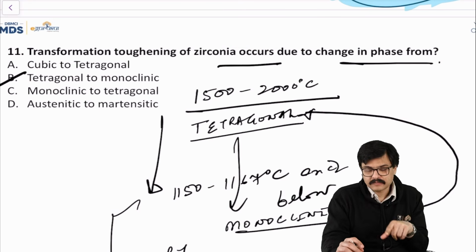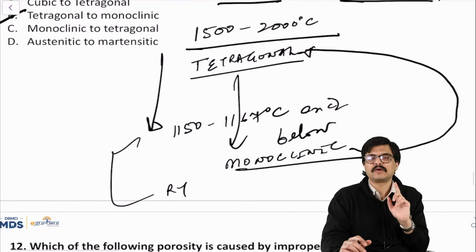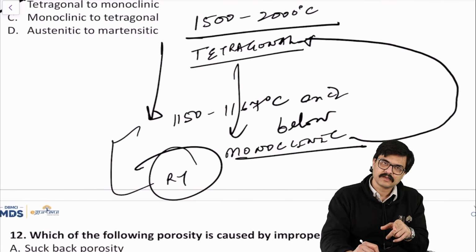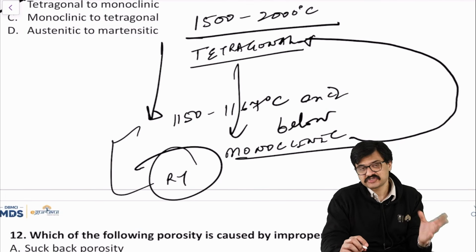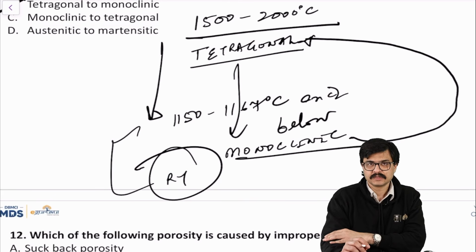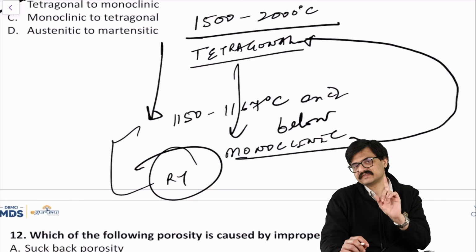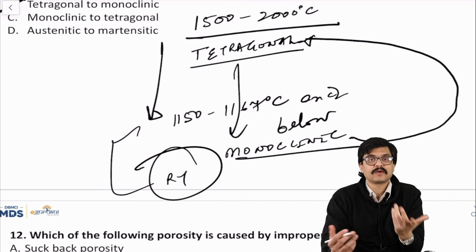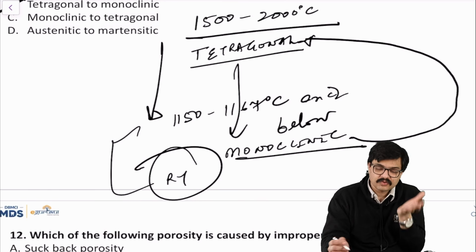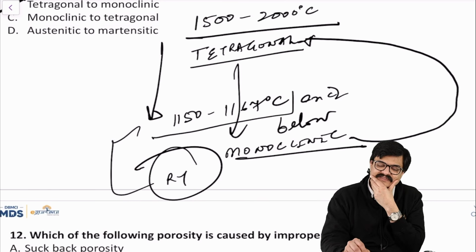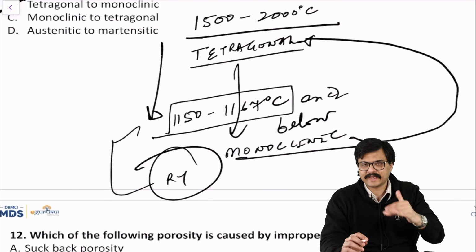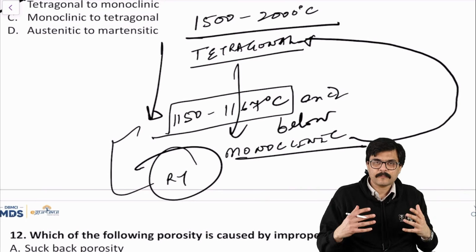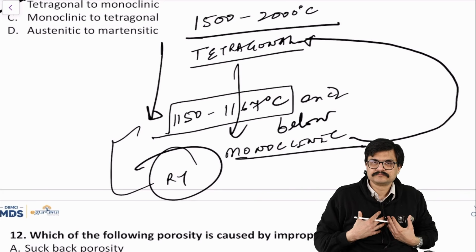So I want my zirconia to exist as tetragonal and change into monoclinic when external stresses cause crack formation. How am I going to do that? Because below a temperature of 1150 to 1167 degrees Celsius, up to room temperature, around 25 degrees Celsius, it exists as monoclinic.